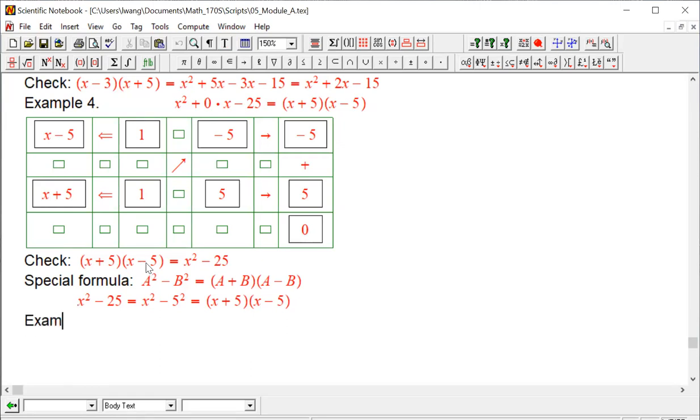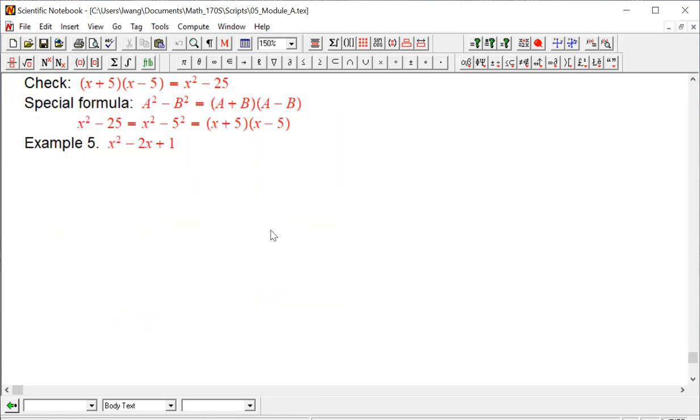Example number 5. Okay, so suppose you have x squared minus 2x plus 1, and we want to factor this, right? So now we're still going to use that form.